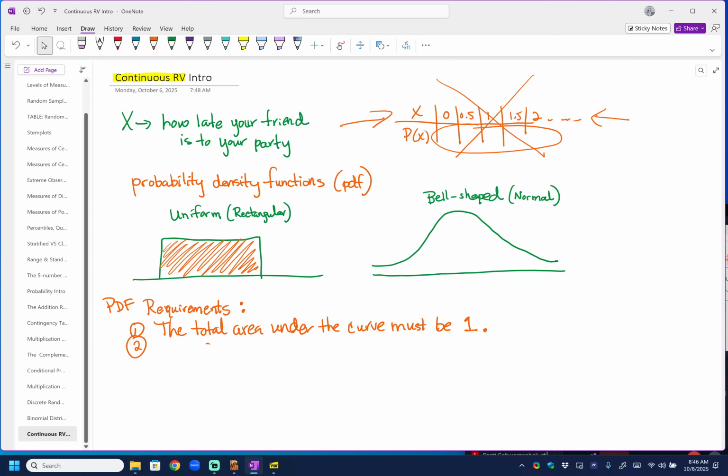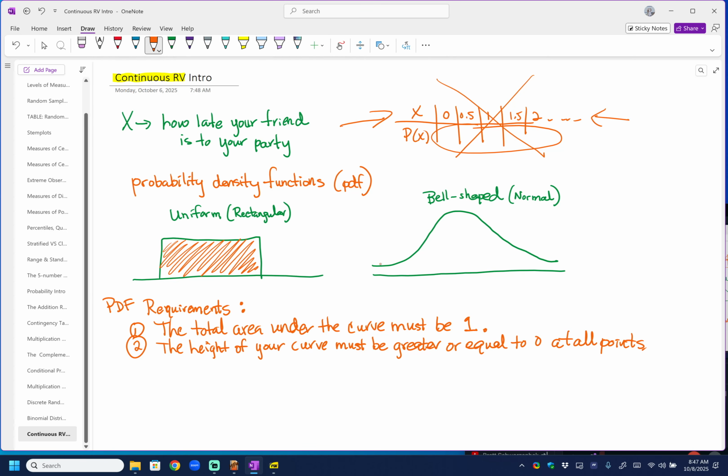The other requirement is that the height of your curve must be greater than or equal to 0 at all points. Okay, so what does that mean?